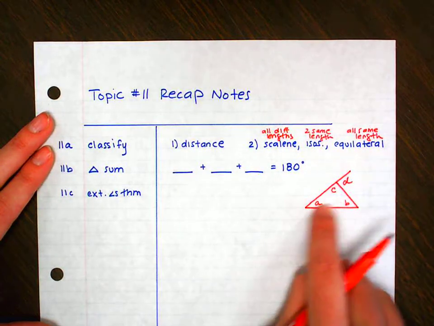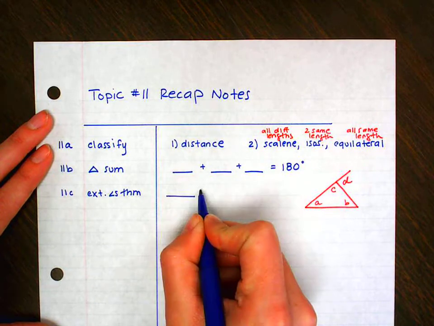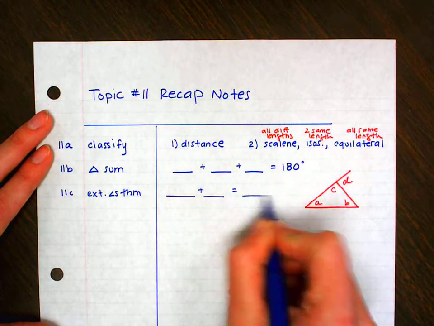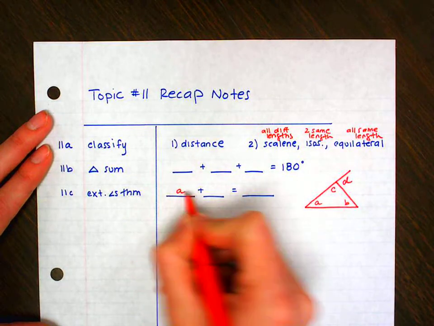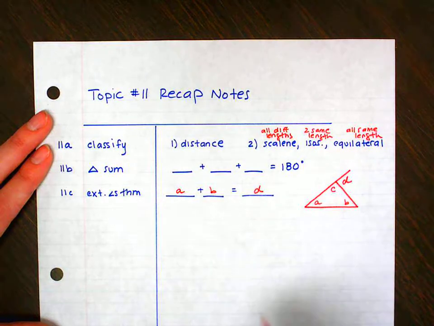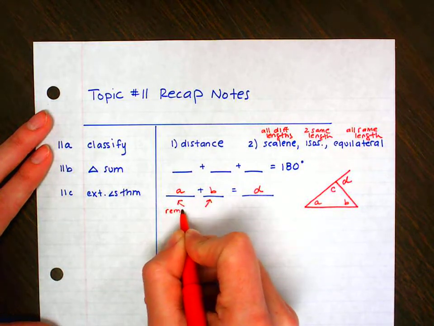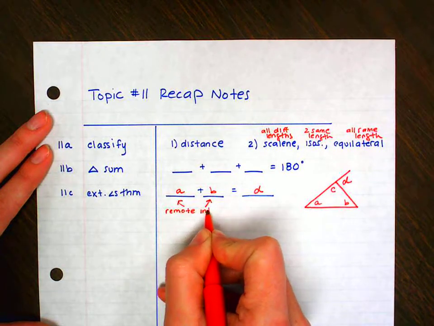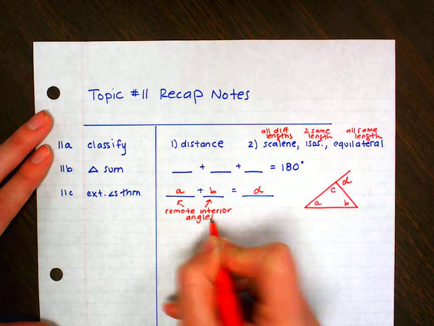These are the remote interior angles. So the formula says that the two remote interior angles are equal to the exterior angle. In this case, the remote interior angles are A and B. The exterior is D. So remember again, these here are the remote interior angles, and this is the exterior angle.